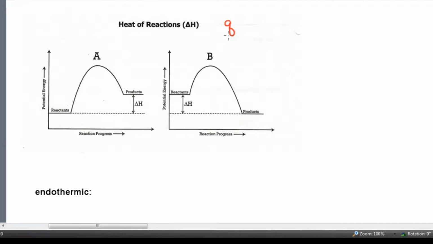However, for our purposes, we can say that they're the same thing. Q is equal to delta H when we have constant pressure conditions. So Q at constant pressure is the same thing as delta H. And delta H just stands for the heat transferred in a reaction. We'll talk more in AP Chem about why this constant pressure situation is important.